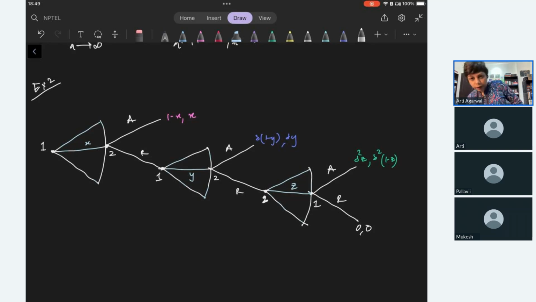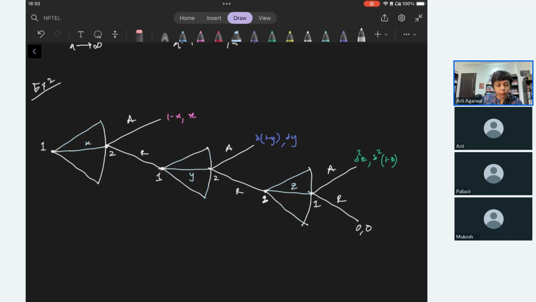So when player 2 makes an offer Z, he's going to offer Z as 0, right? He's not going to want to offer anything more because player 1 only has the choice between 0 and delta square Z. So he's indifferent. If he's offering something more than 0, he's obviously going to accept, but he knows that he'll accept even if he offers 0, right? So Z is going to be 0 in the final stage.